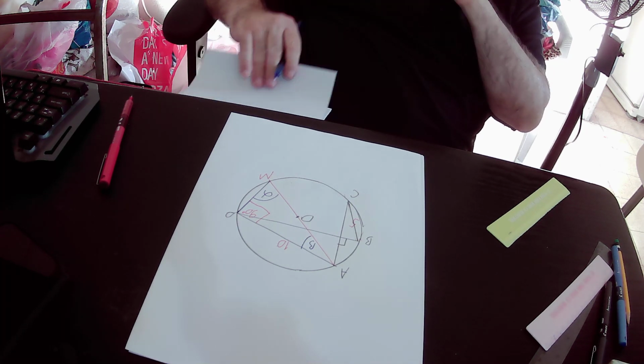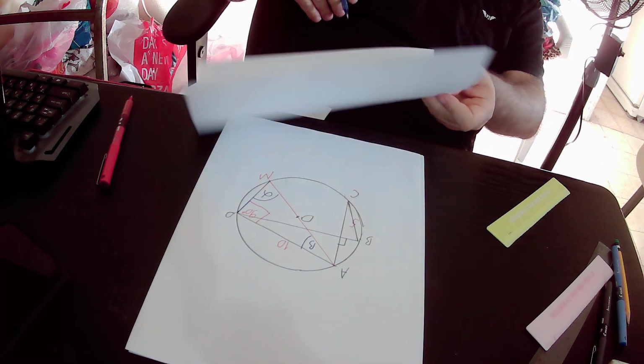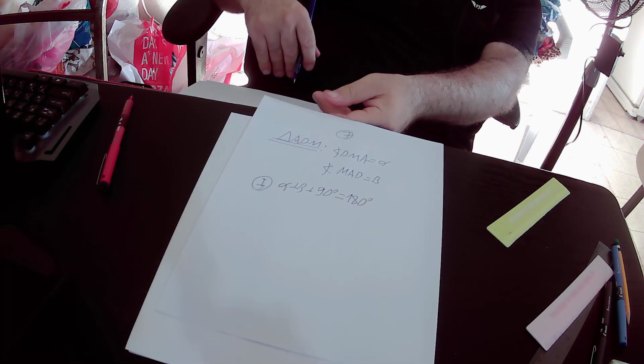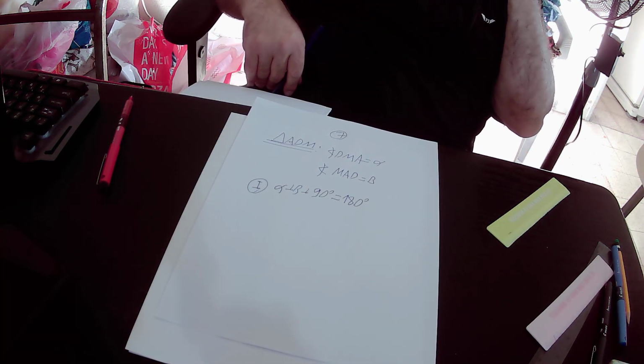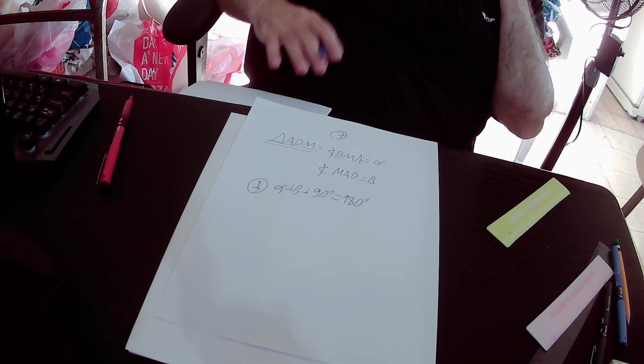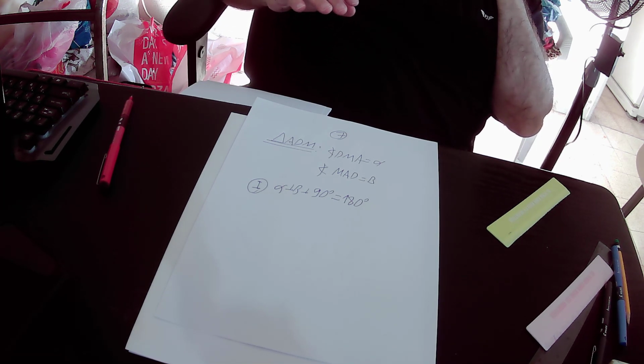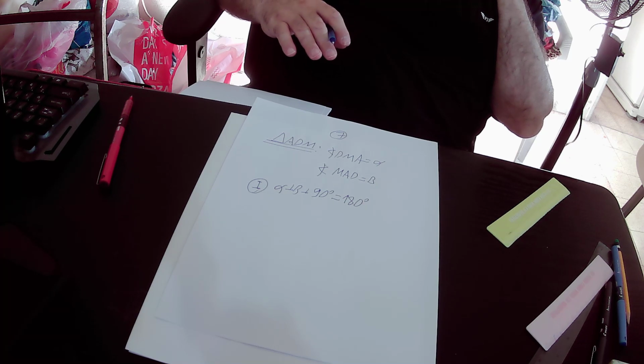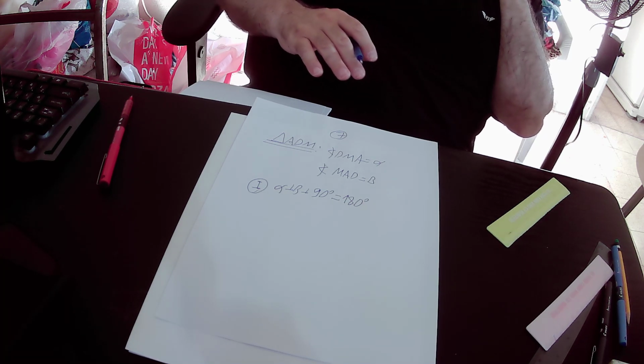So our first equation states that the sum of the angles in the right triangle ADM equals 180 degrees.